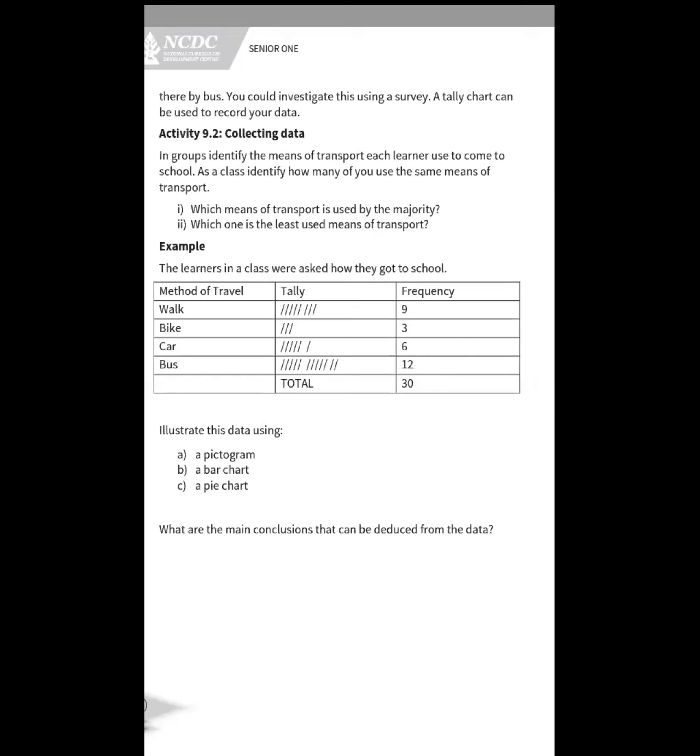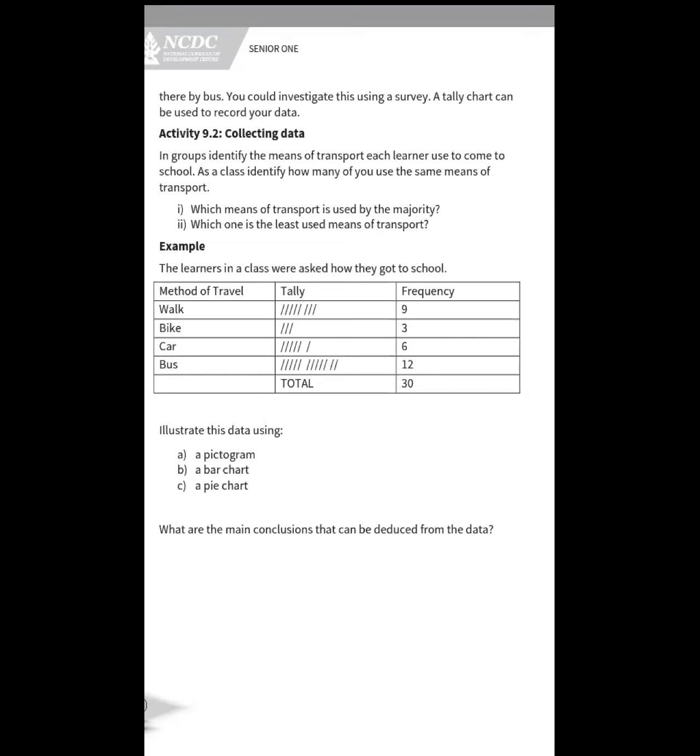Then I counted and it's 8, not 9, teacher. Okay, so let's try to correct that. Because we want to keep the total as 30, we shall include another 1 stick for our work. Okay? Is that okay?